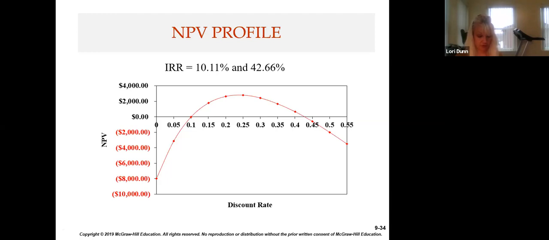Putting my information in. I'm getting negative 605. So somewhere around here where my line crosses my horizontal axis, I have another internal rate of return. So it's somewhere between 40 and 45%. So it looks to be about 42%.